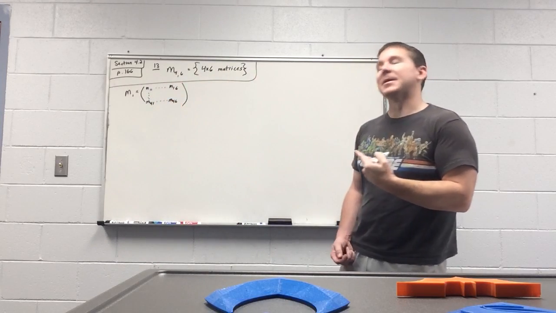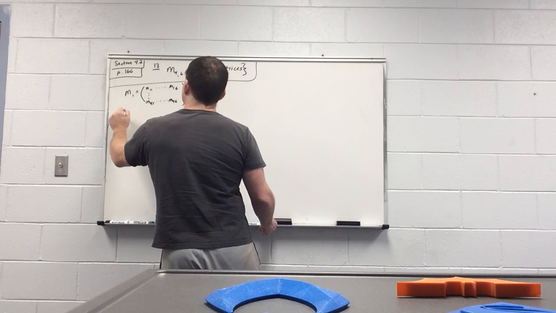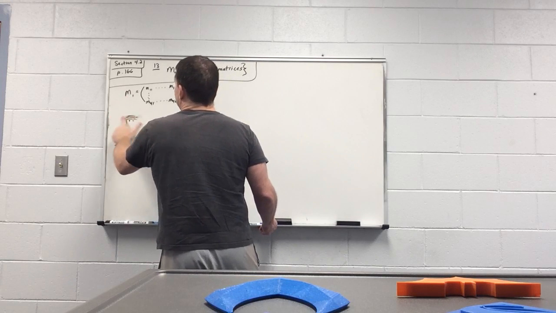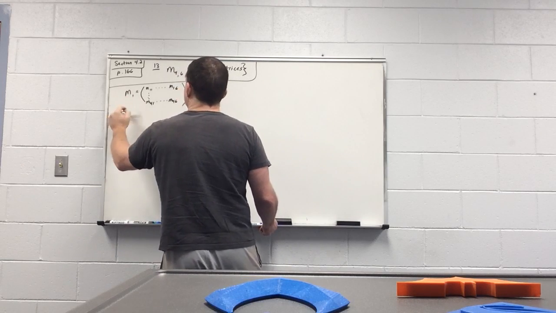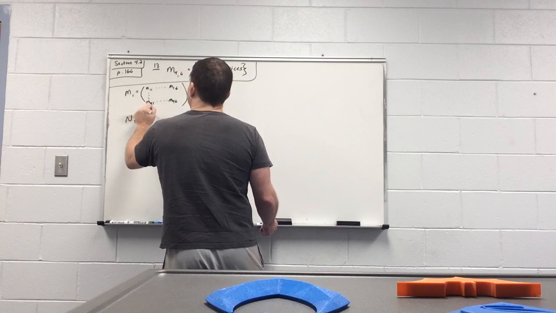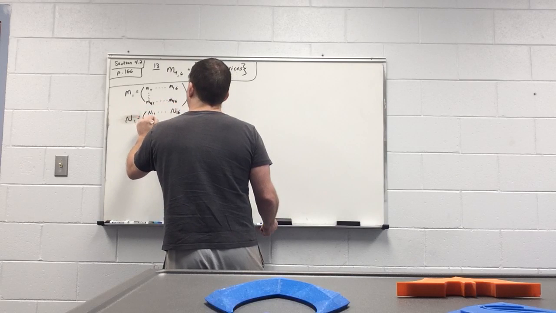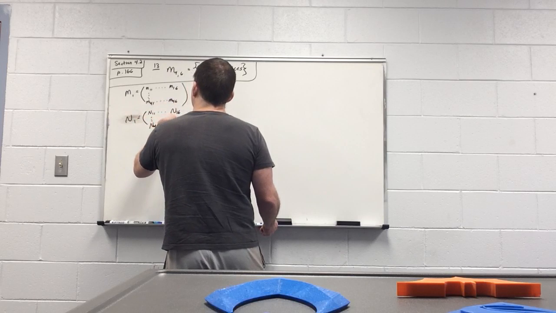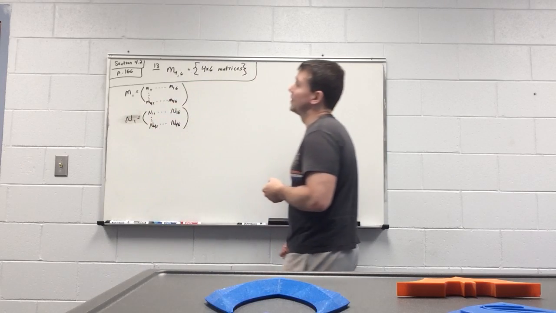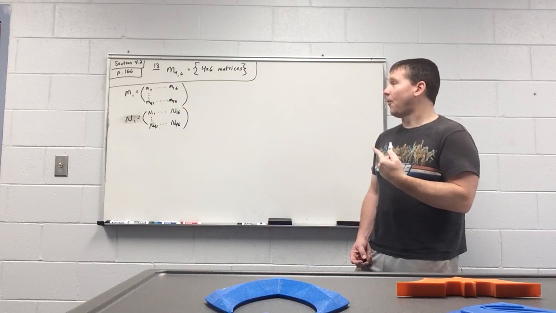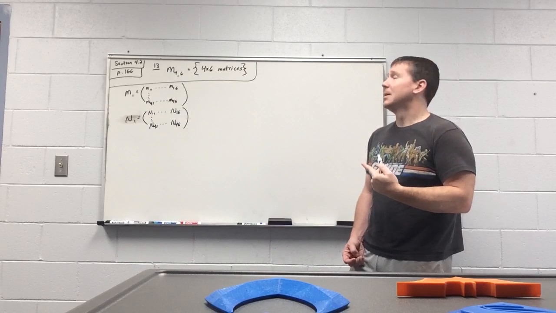There's my first element. Pick another element. I need different letters because I'm going to keep using that notation. We'll go with N1, which is N11 out to N16, down to N41 out to N46. So now I have two 4 by 6 matrices.